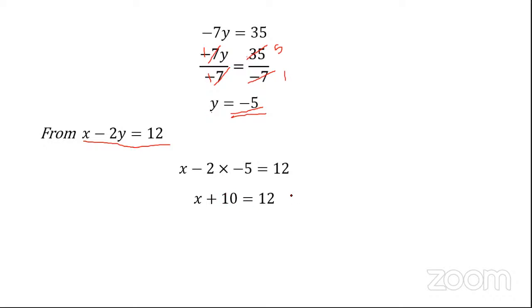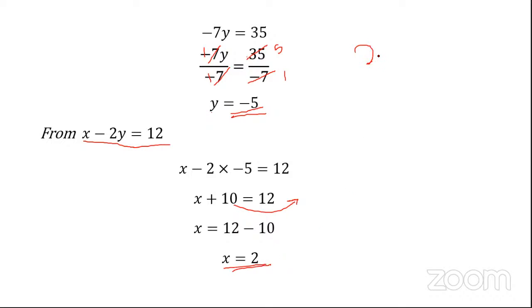And then here we transfer the 10, collecting like terms, to the right hand side. And when it crosses the equal sign, it becomes negative. So that would give us x equaling to 12 minus 10. And the answer would simply be 2.